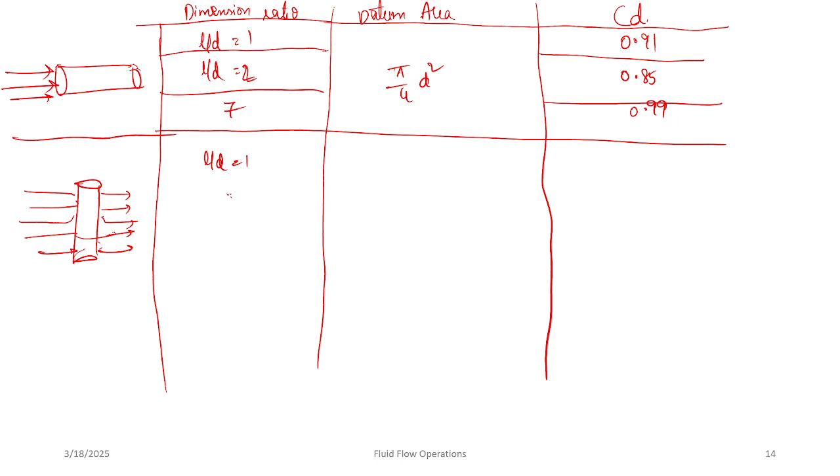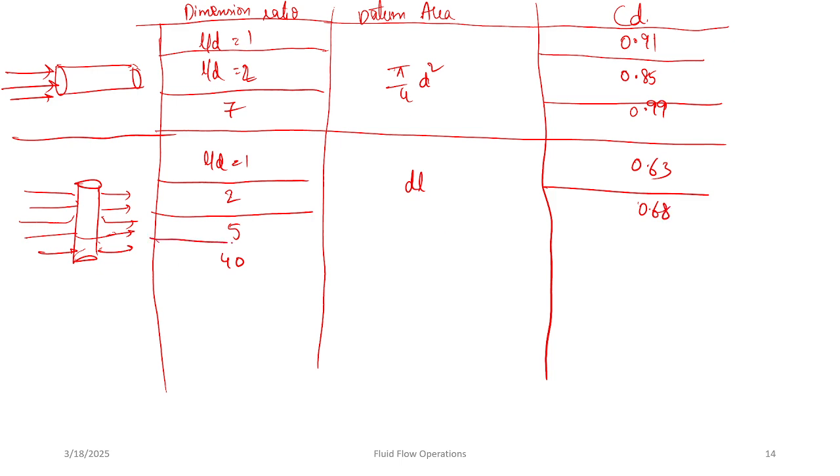If L by D is equal to 1, 2, 5, and 40, in that case the datum area exposed will be equal to DL, that is diameter into length. So if L by D is equal to 1, then CD, that is the drag coefficient, will be 0.63. And if L by D is 2, then CD will become 0.68, and for L by D ratio of 5, this becomes 0.74, and L by D of 40, it will be around 0.98.